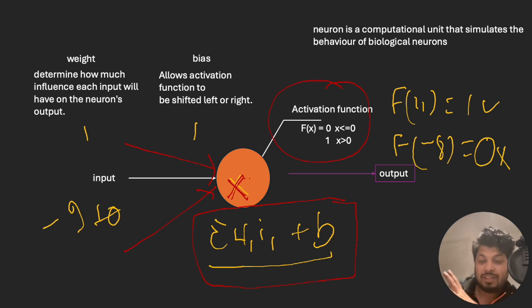Now this activation function can be of any type. For simplicity, I've just taken here a normal f(x) is equal to 0 when x is less than 0 and f(x) is equal to 1 when x is greater than 0. We will have sigmoid, ReLU, tanh, different kinds of activation function. I have already created a separate video on this. You can watch through that. So this is what happens inside a single neuron.